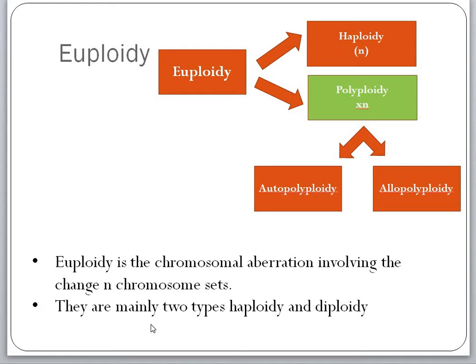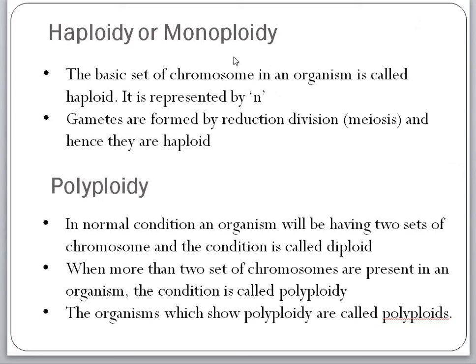Euploidy is the chromosomal aberration involving the change in chromosome sets. They are mainly of two types, haploidy and polyploidy. The normal condition of chromosomes in a cell is the diploid condition. So the first one is haploidy or monoploidy.